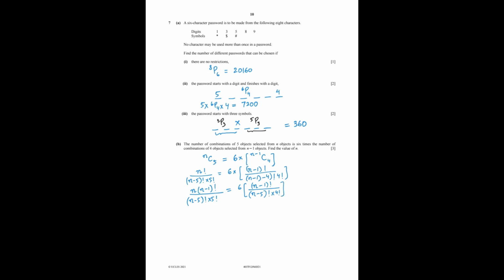Now we can simplify the equation. n minus 1 factorial and n minus 1 factorial cancel, n minus 5 factorial and n minus 5 factorial cancel. So the leftover part is n divided by 5 factorial equals 6 into 1 divided by 4 factorial. After simplification you will get the value of n, and that is equal to 30. That is your answer.